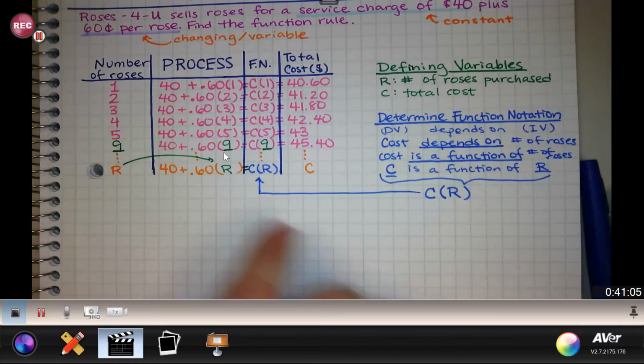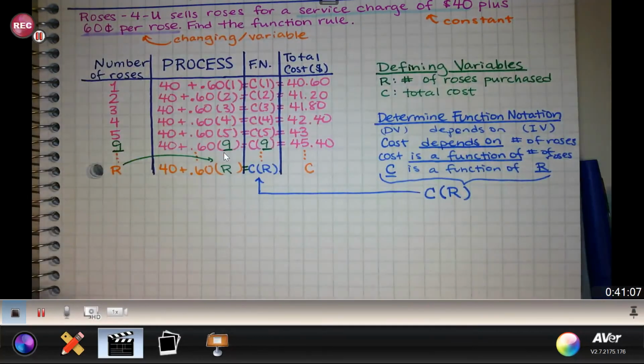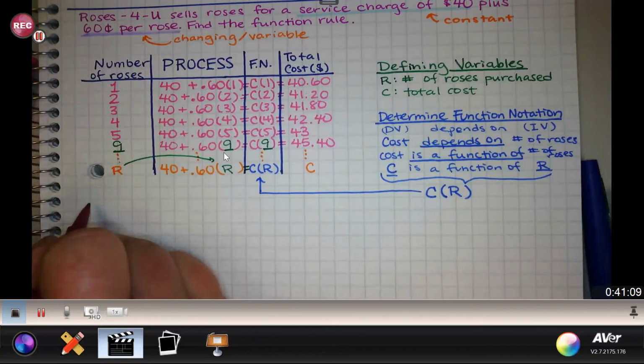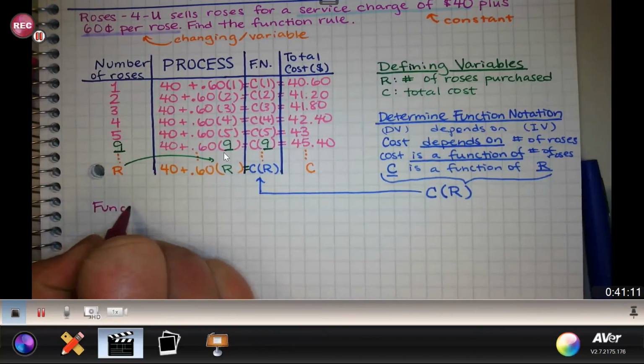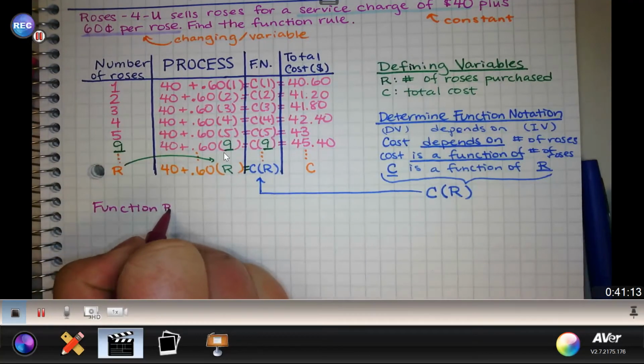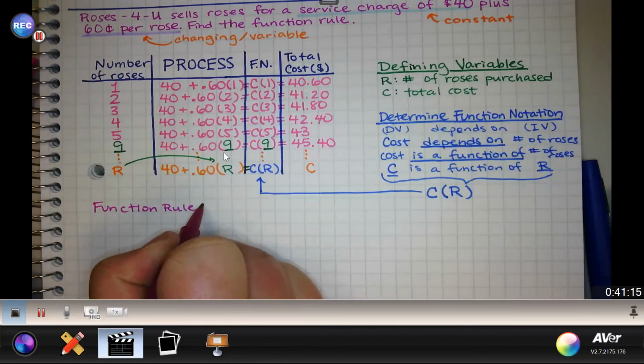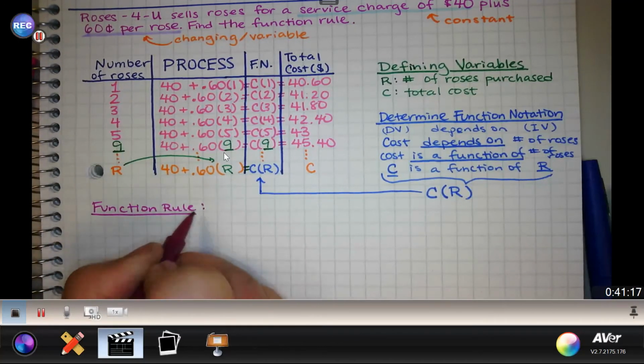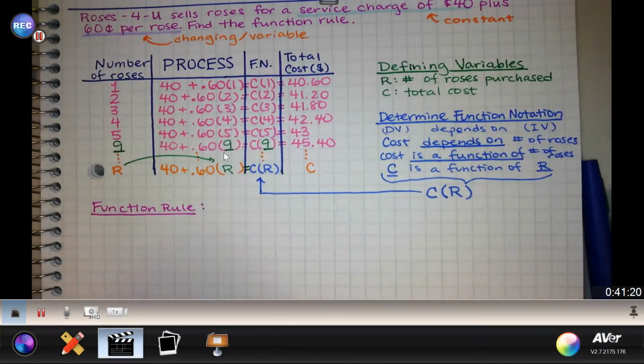So it said it wanted us to find the function rule. Now remember, function rule is the symbolic representation using function notation.